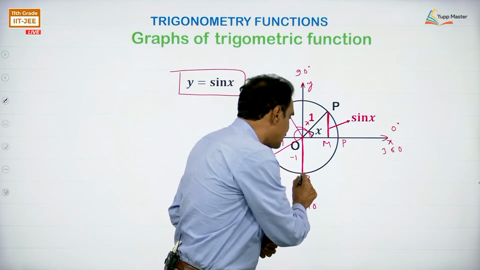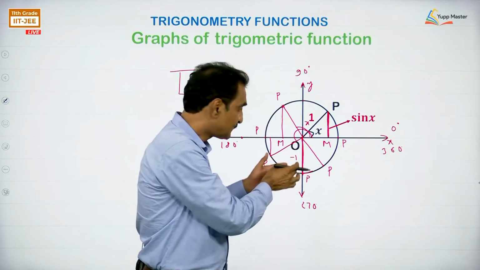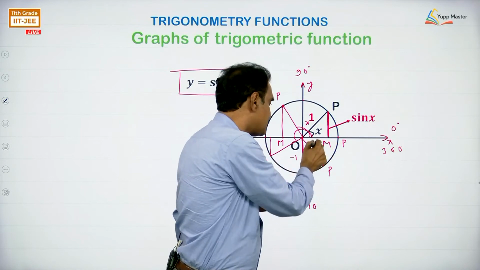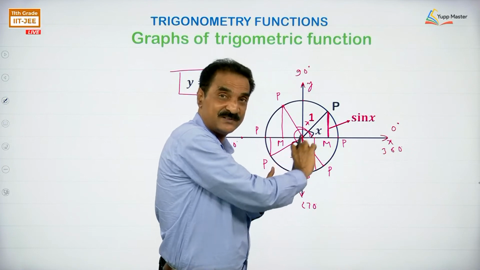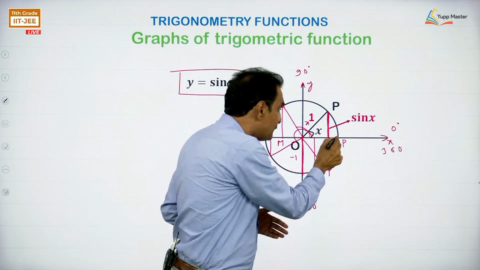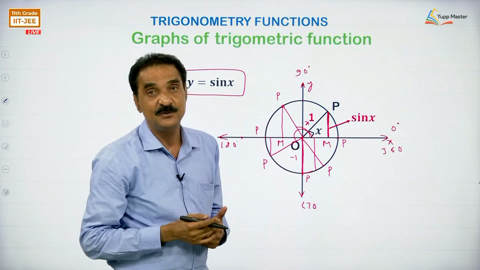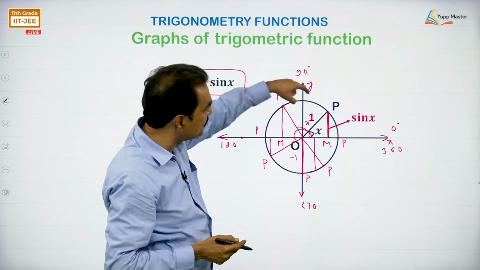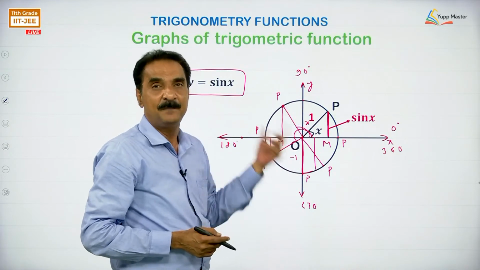From here again, if it is moving like this, suppose P is here, then it starts increasing from minus 1 and gradually the value will be increasing, but the magnitude is decreasing. Because of the negative sign, we say that it is increasing, and when P reaches here, it becomes 0. The value of sin x becomes 0, that is why sin 360 degrees is 0. Again if you continue the motion of P like this, then the same cycle will repeat.